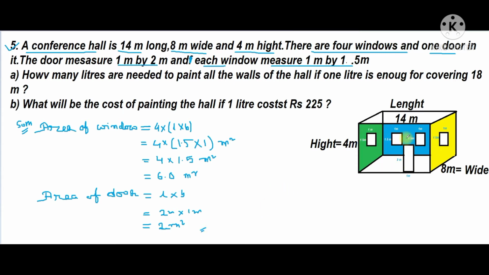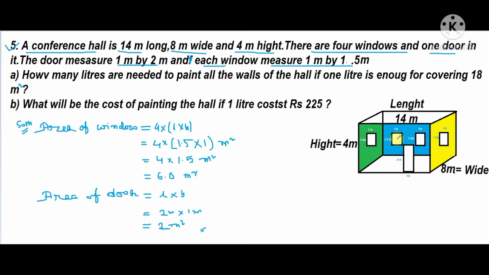So next we'll find out the total area of the walls, because there are four walls. We'll paint only the four walls. For these four walls, if we subtract the windows part and the door part, then we'll get the area where we need to paint.